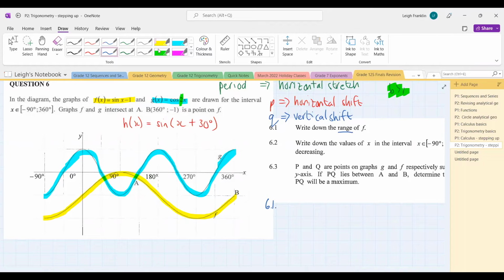The range is our set of what values? Y values, quite right. Those are our outputs. So this is going to involve our maximum and our minimum. What is our minimum in this case?